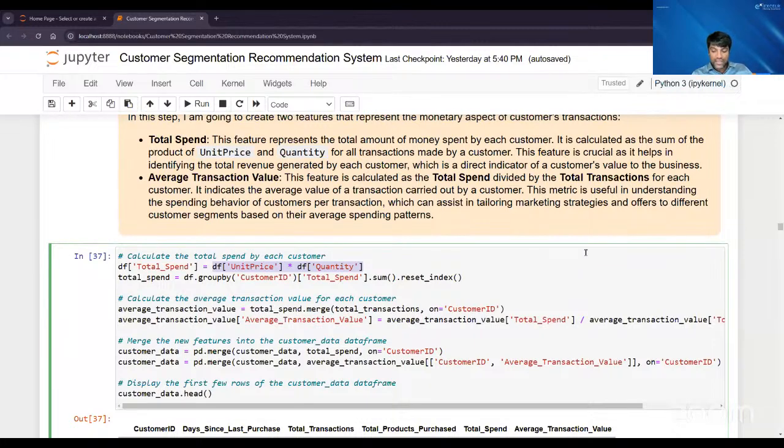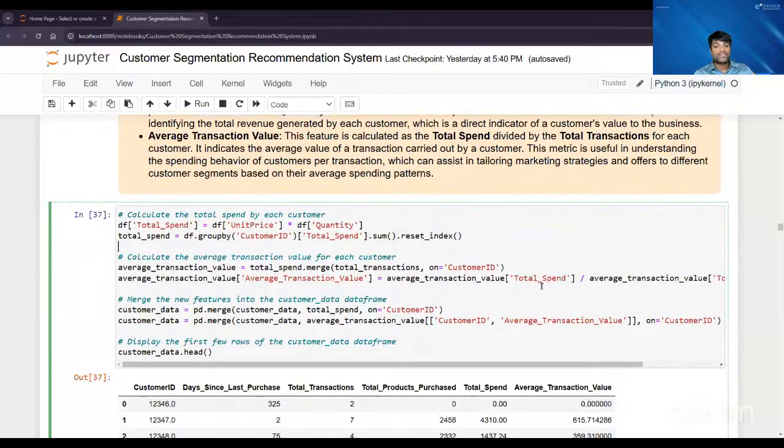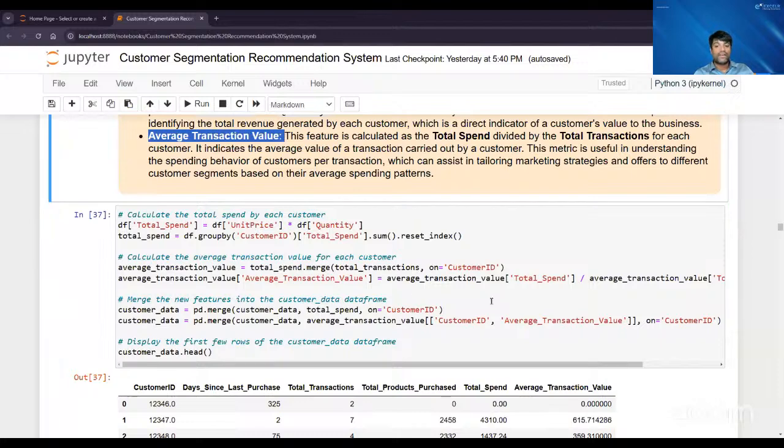So here we are calculating the total spend by giving the formula that it has to be multiplied, right? After that, we are grouping the customers and summing them. This group by will actually group the customers. After that, there is one more thing, which is used for calculating the average transaction. For average transaction, we have actually given a formula.